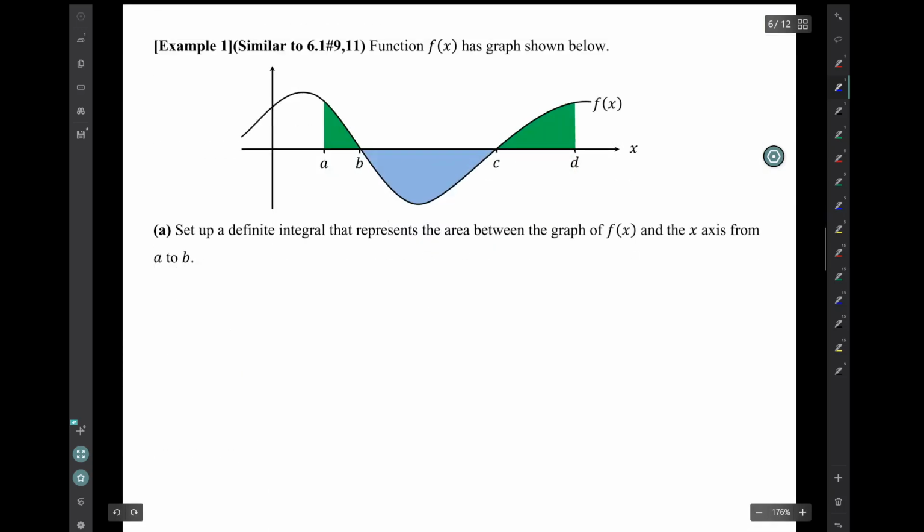The first example is similar to two of your homework exercises. Function f of x has this graph shown. Question A says, set up a definite integral that represents the area between the graph of f and the x-axis from a to b. Now remember, this terminology means unsigned area.